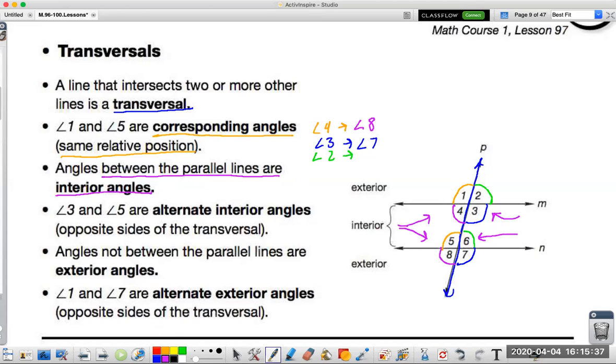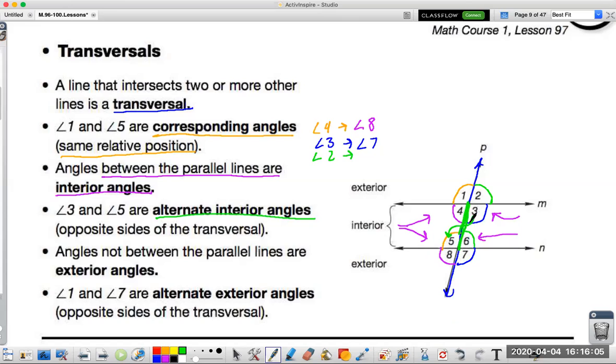Alternate interior angles are on opposite sides of the transversal. So here, if we're looking at the opposite side, here's an interior angle. What's the alternate interior angle? Well, that would be this one. See, it's on the opposite side of this interior angle.